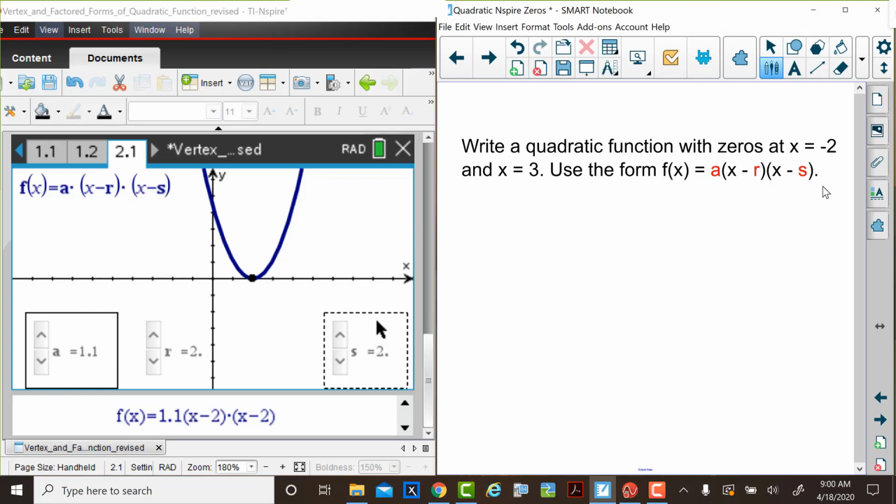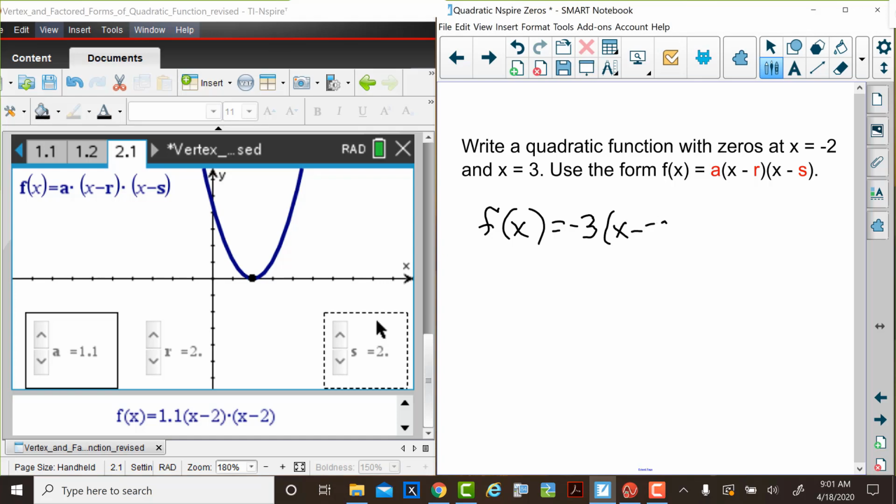Since the a value was not given, this might make us think that there could be multiple answers to this problem. Suppose a was equal to 3. If a is equal to 3, our function would be f of x equals 3, and the 3 is going to be multiplied by x minus -2.